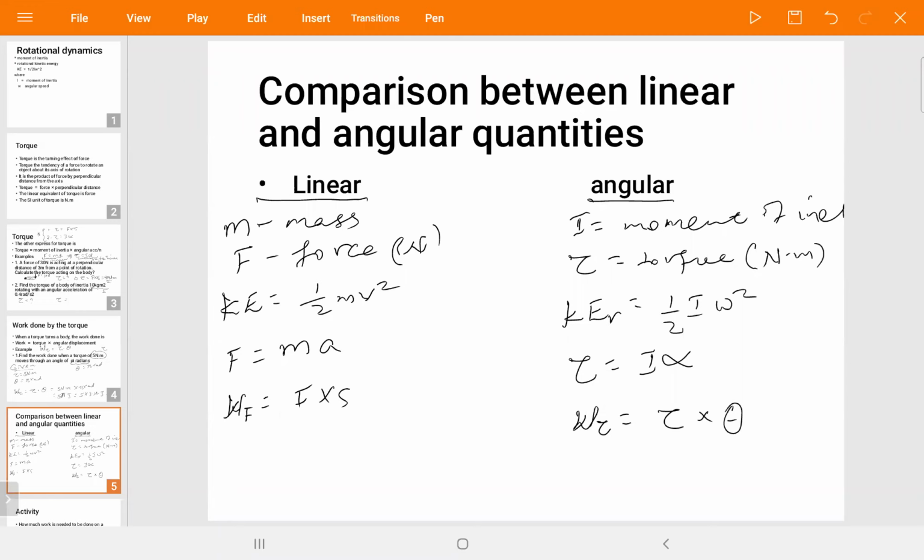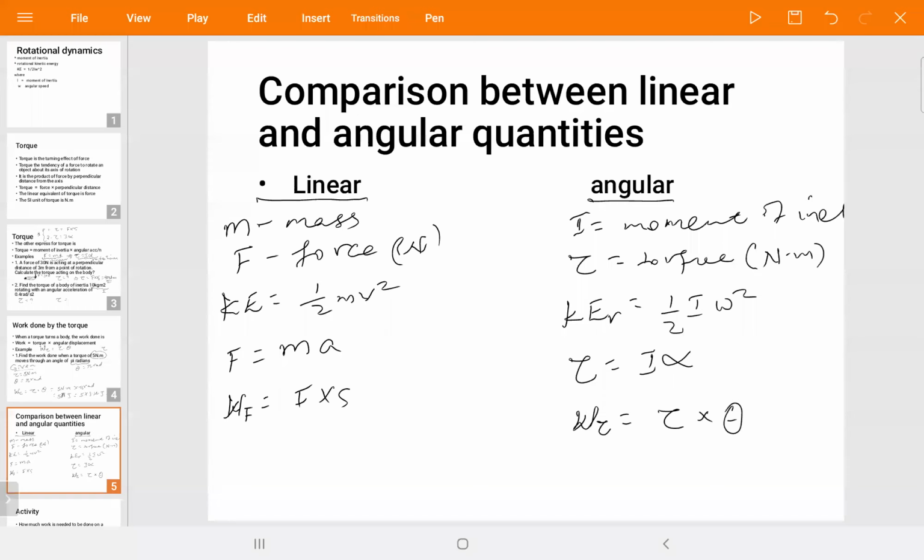So let's summarize these points. For every quantity in linear equations, there is an equivalent angular quantity. For mass there is moment of inertia, and for force there is torque, with nearly the same concepts but some differences. For kinetic energy there is rotational kinetic energy, and instead of mass and acceleration we use moment of inertia and angular acceleration.